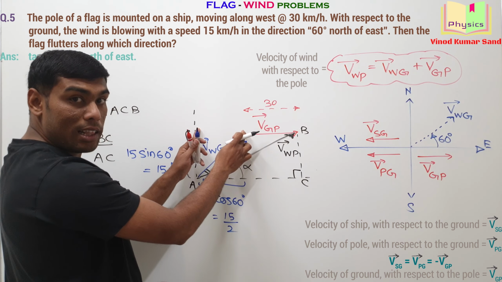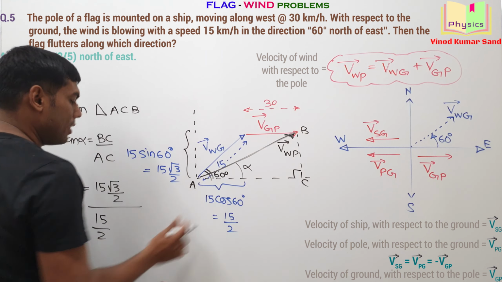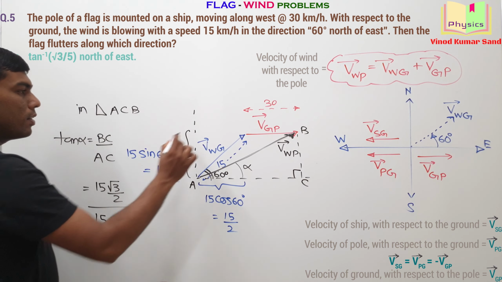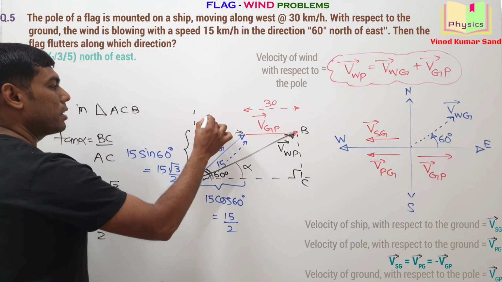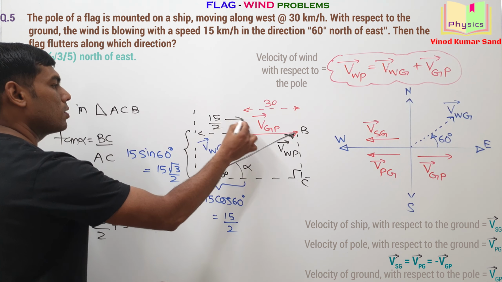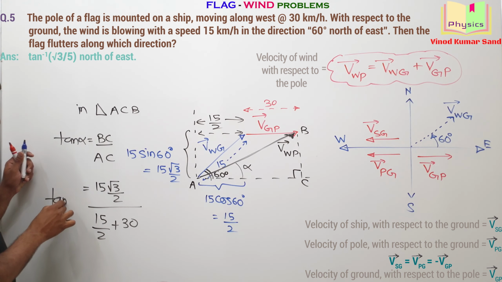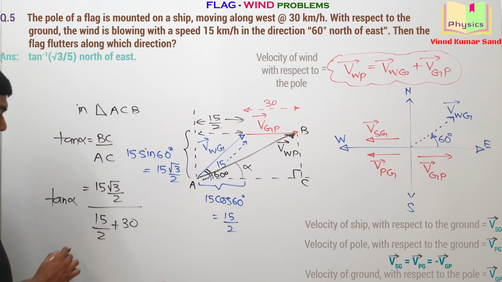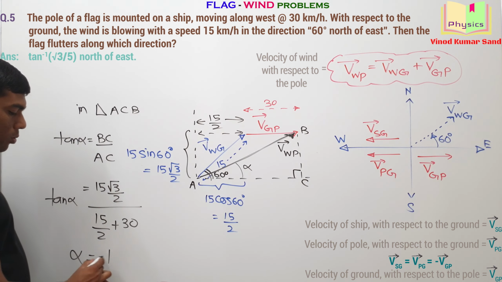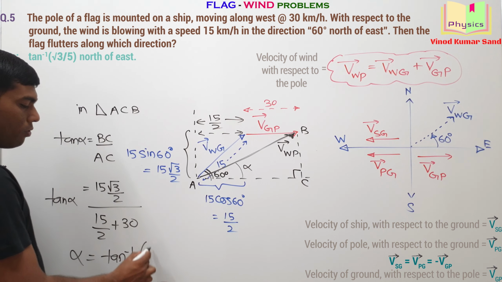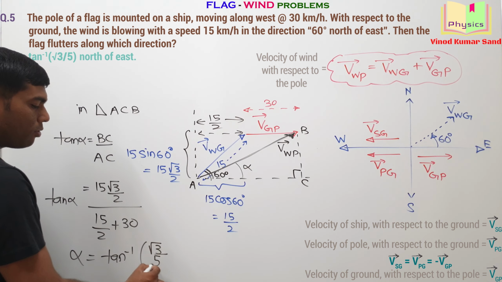So this length is 15 by 2 plus this length is 30. Okay, this was 15 by 2. I hope you agree with this. Here is the tan alpha. And when we simplify it, the alpha turns out to be tan inverse of root 3 by 5.